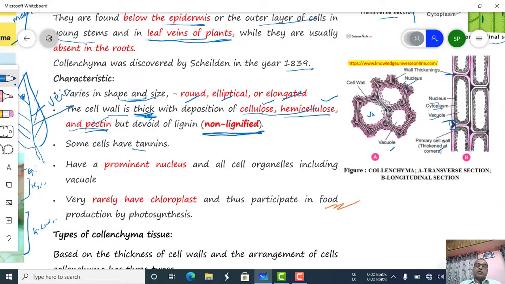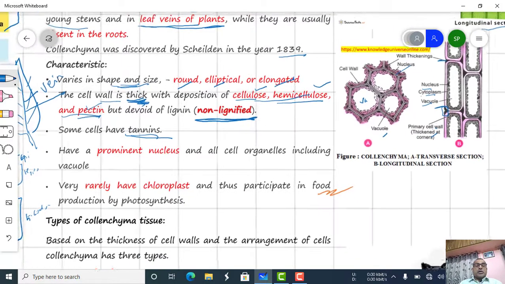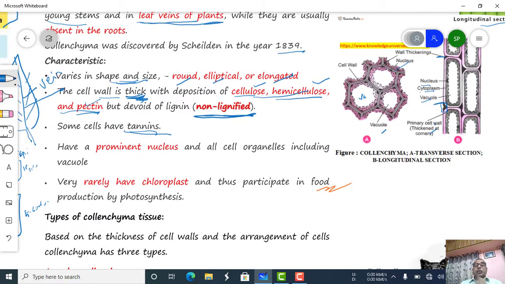Some cells have tannins. These collenchyma cells have a prominent nucleus. If you see here, this one is a nucleus and all the cell organelles including the vacuole. Collenchyma cells are living cells.